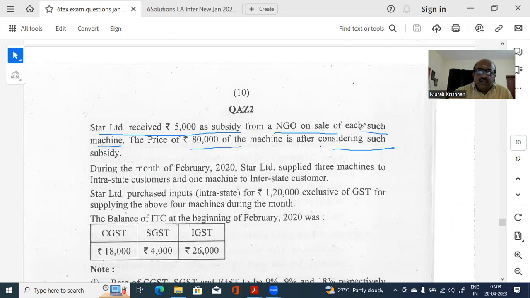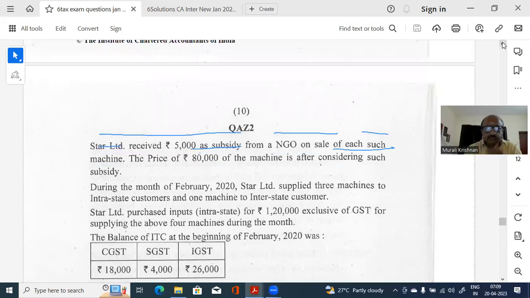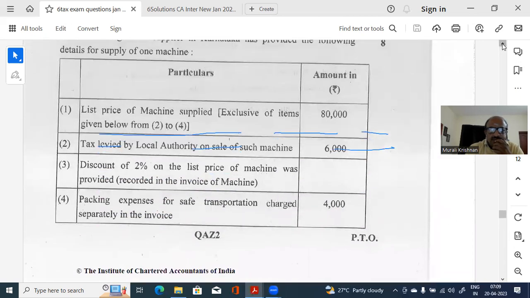That means the amount of 80,000 which is given here is after considering that. So the actual price is 85,000. You understand? This 85,000 minus that subsidy is what is being shown here.